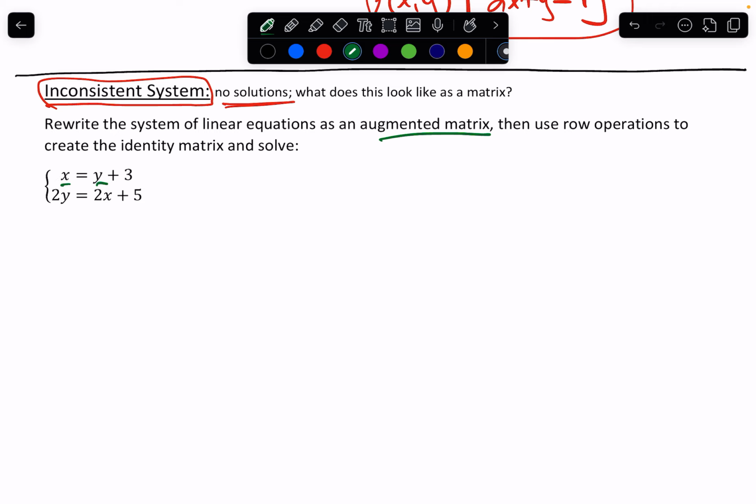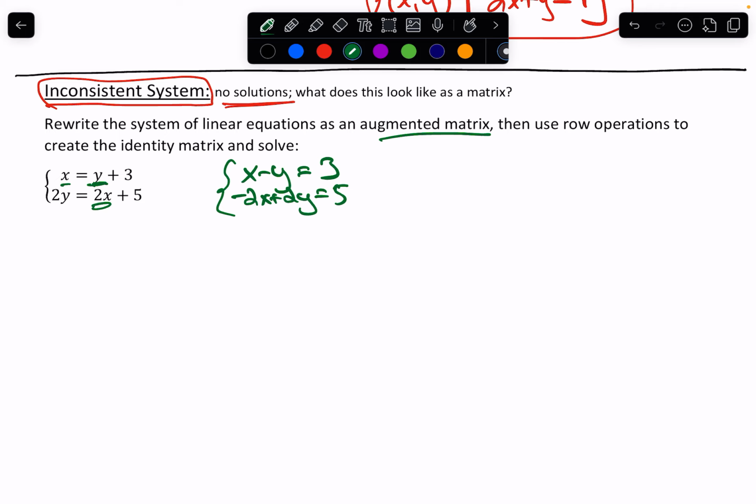So we need to rewrite this so that we move the x to the left side of the equal sign, in both cases, the y here and the x here. So negative 2x plus 2y equals 5. So these are our two linear equations, so that we can actually write it as an augmented matrix.